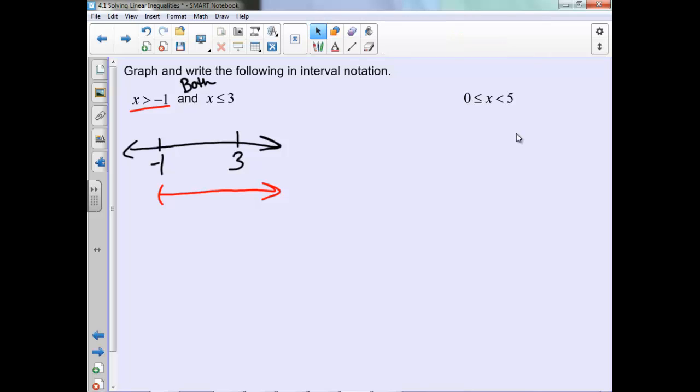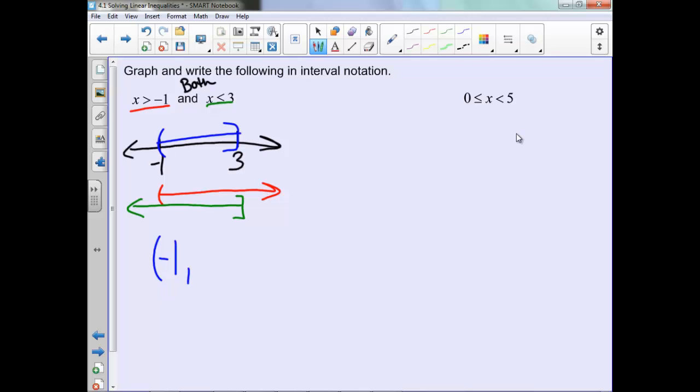And then this other one. So now we've got both of them drawn. But we want to know where we have both of them, because it's and. So where do we have both lines? From here to here. So that would be our answer for our graph. And then in interval notation, we want from -1 up to 3.